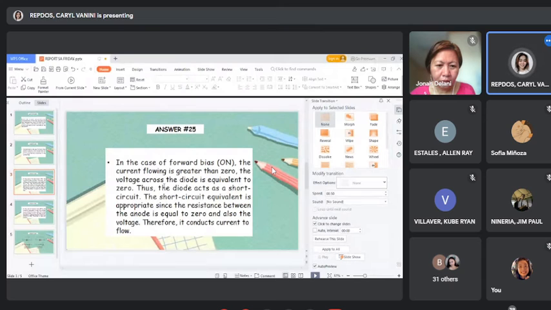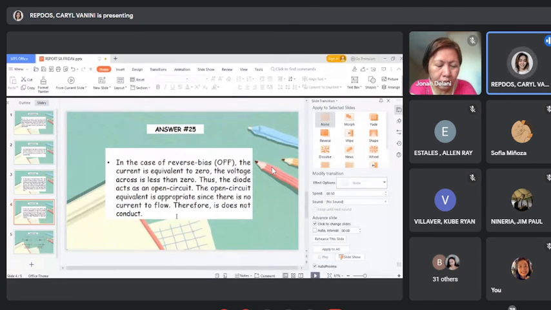Thus, the diode acts as a short circuit. The short circuit equivalent is appropriate since the resistance between the anode and cathode is equal to zero and also the voltage. Therefore, it conducts current to flow.